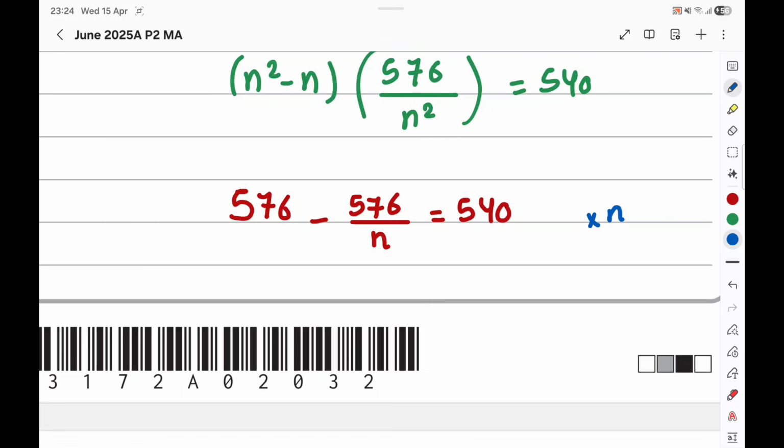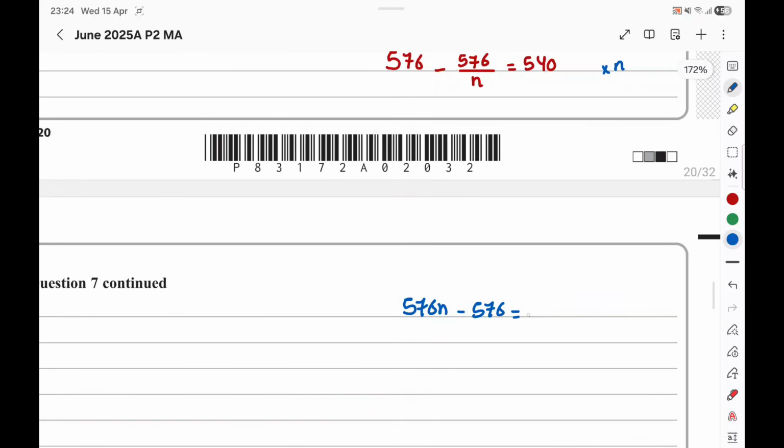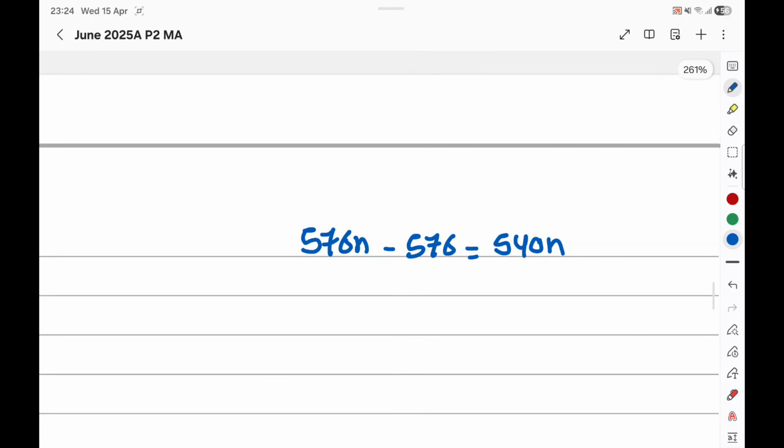Multiply the whole equation by n, and it will be 576n minus 576 equals 540n. Move the 540n to the left side by subtraction.